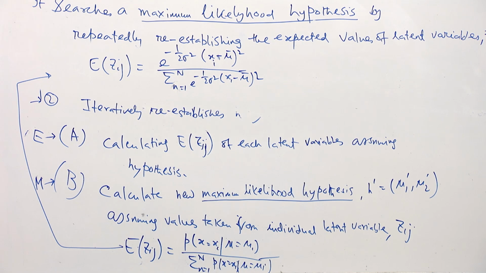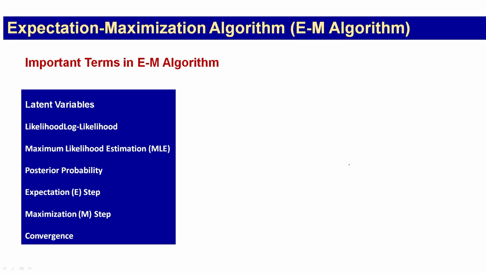So, now let us come back here. Important terms: first, it is probing the latent variables, and it is taking the likelihood. Log likelihood is nothing but the log of the likelihood value. Suppose I have a point here and I am going to see whether this latent variable point belongs to this or not.